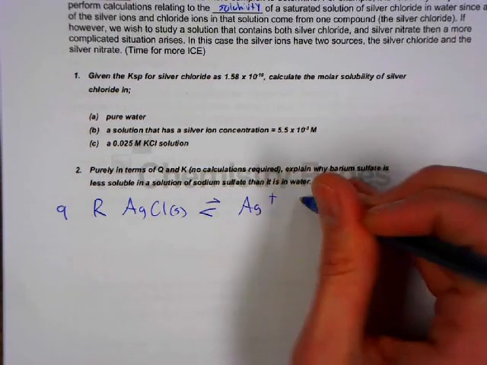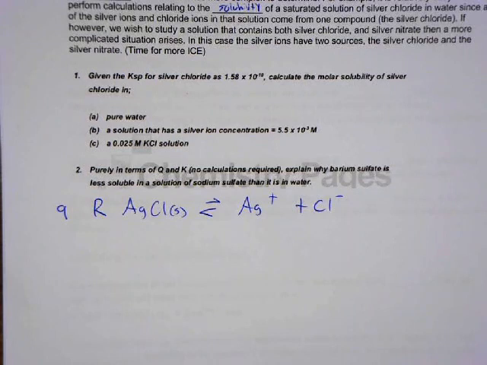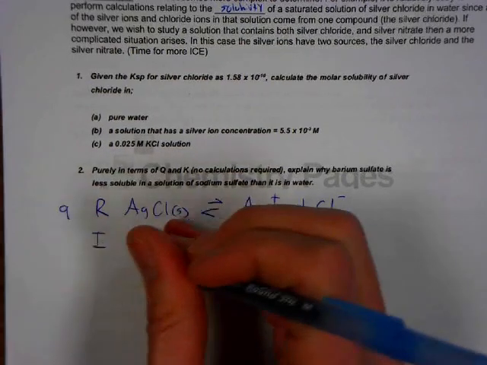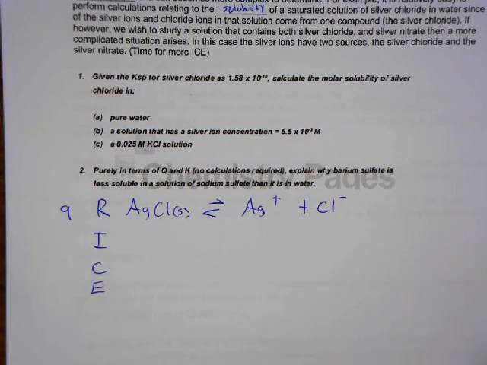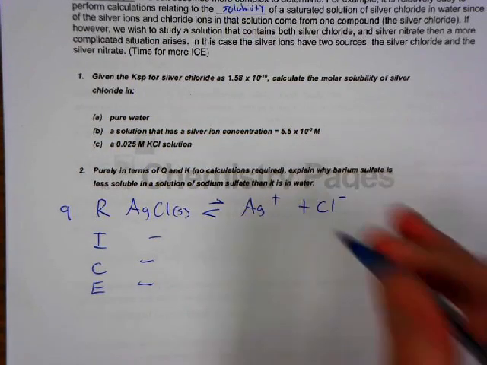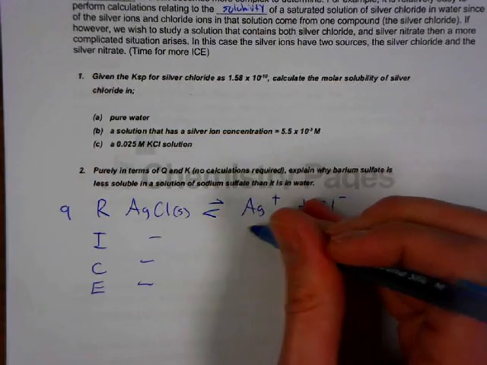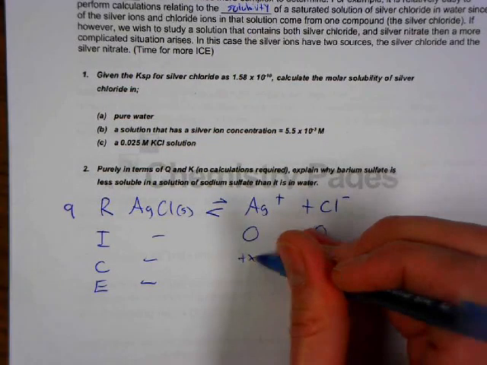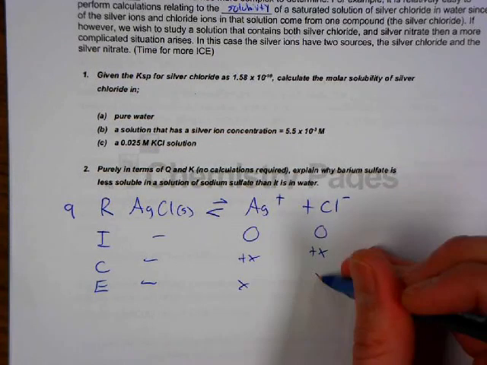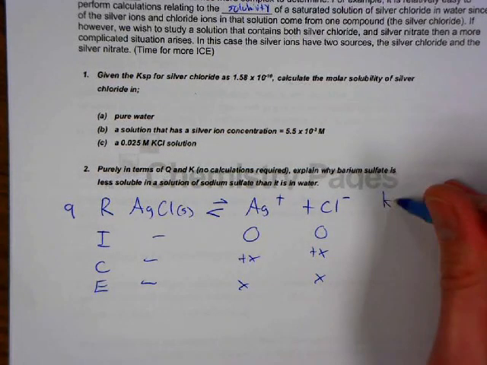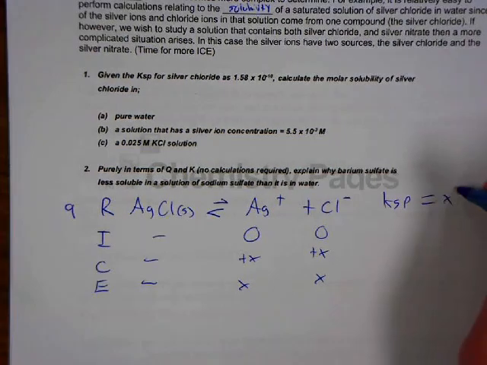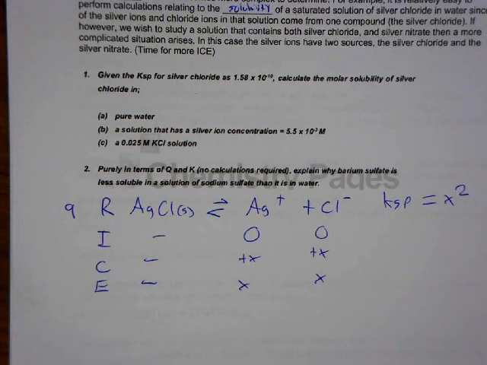So here we go. The reaction is AgCl solid in equilibrium with Ag plus and Cl minus. That's an A, fix your letters. I gave you a nice one here. Initial concentration for AgCl is... We already did this.